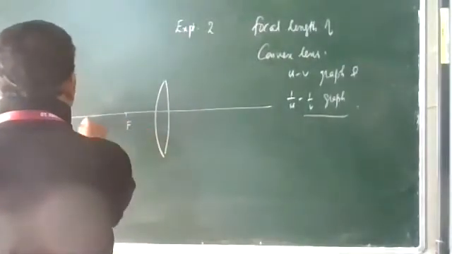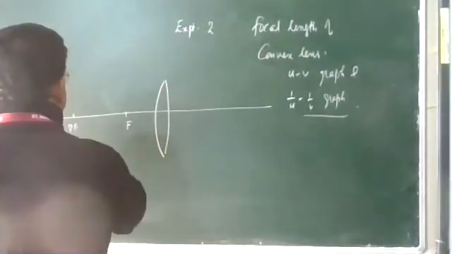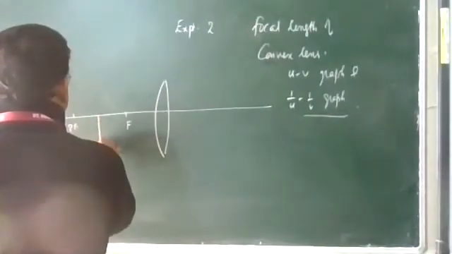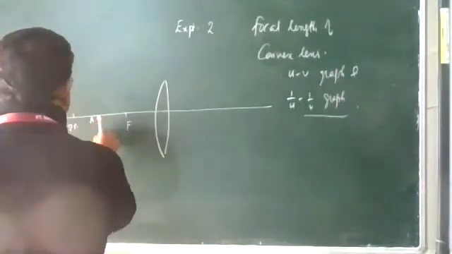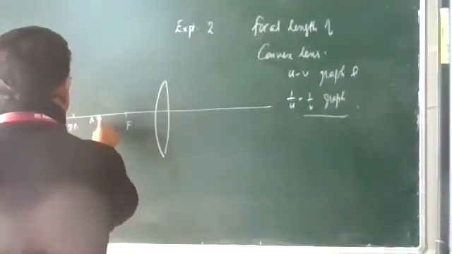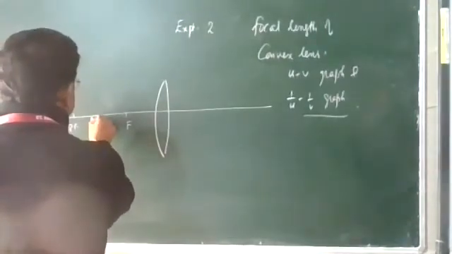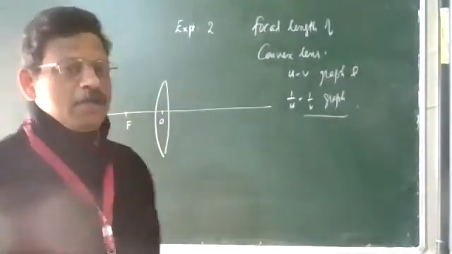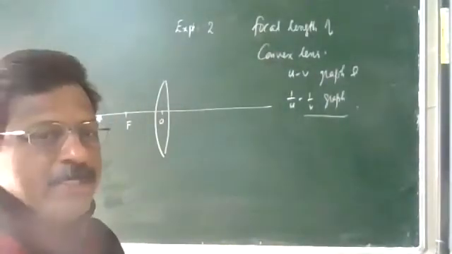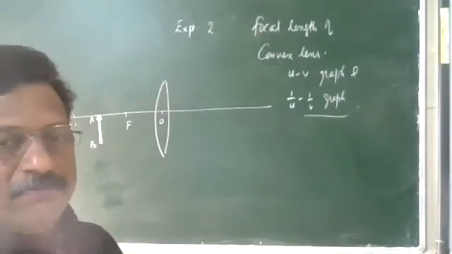We are keeping an object here. This is your object, AB. It will be an object in the form of a pin.